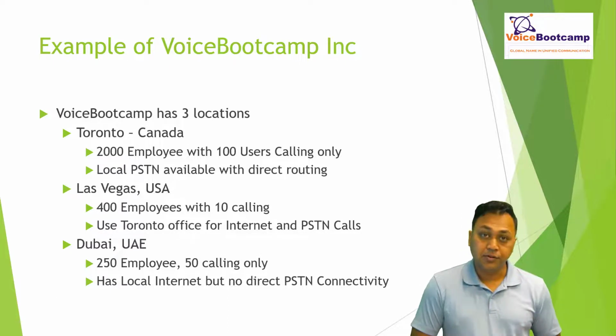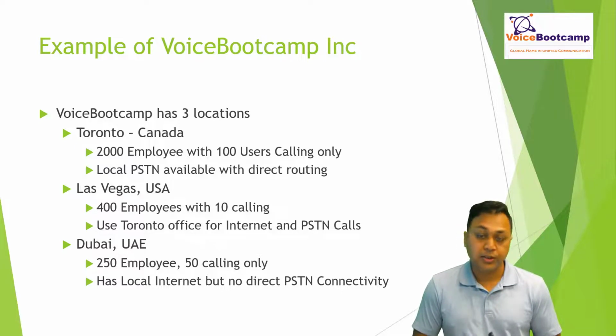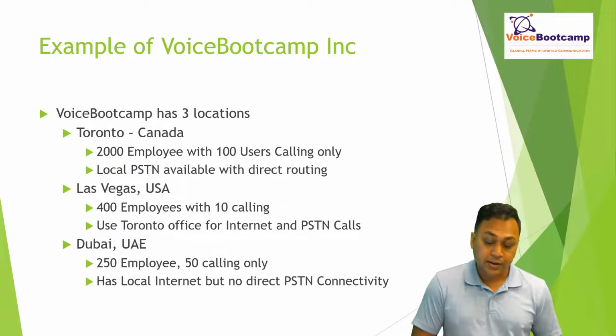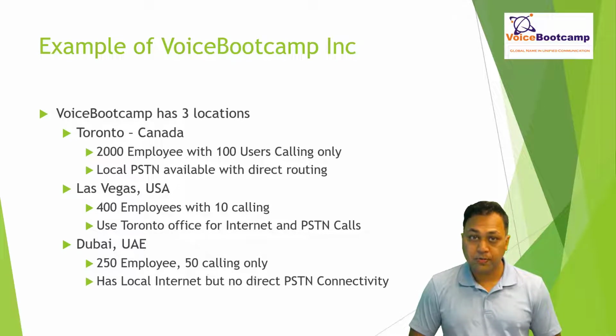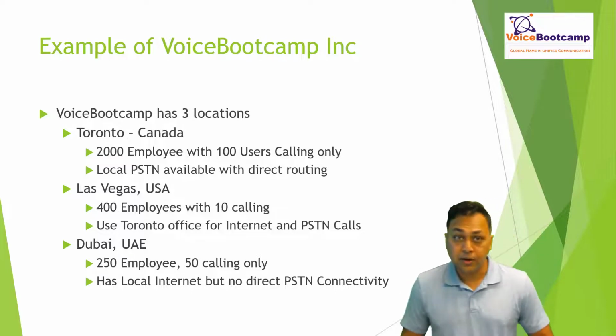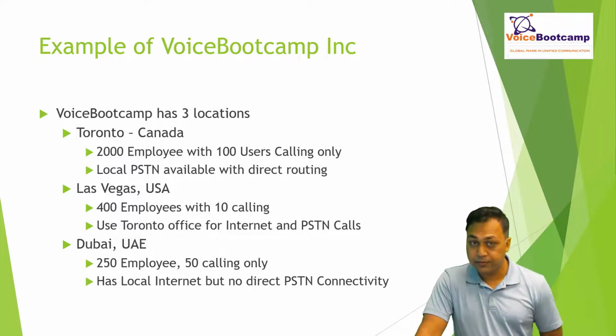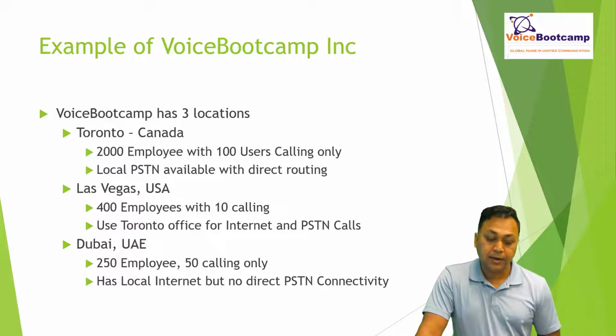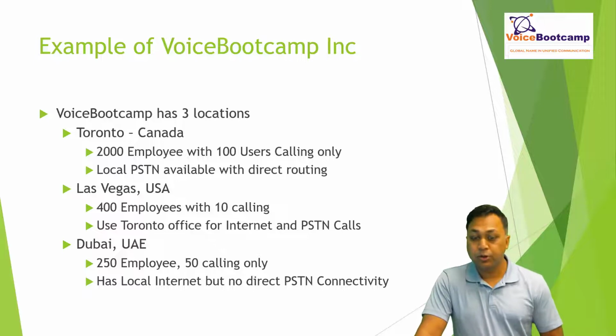The Las Vegas office has 400 employees with 10 employees on the calling plan, but will use the Toronto office for their internet as well as PSTN calls. Then you have the Dubai office, which contains 250 employees, 50 on the calling plan, and has local internet but no direct PSTN connectivity.